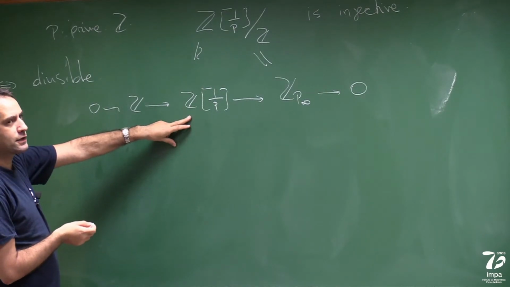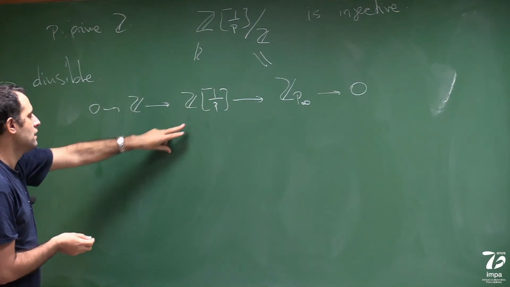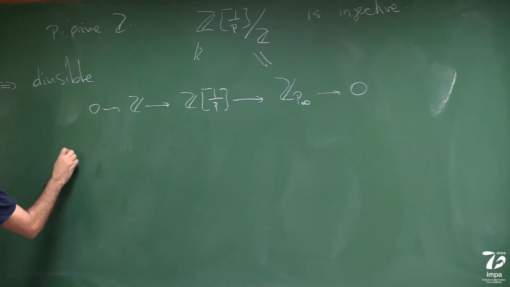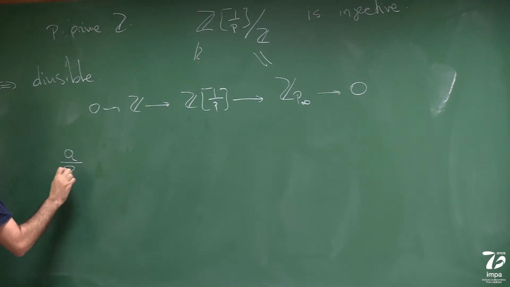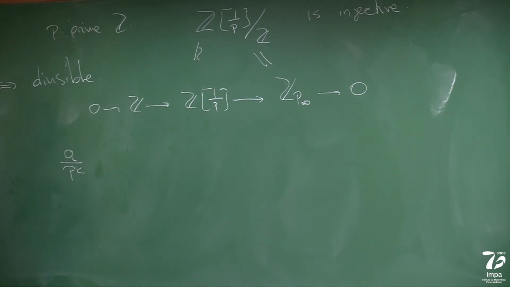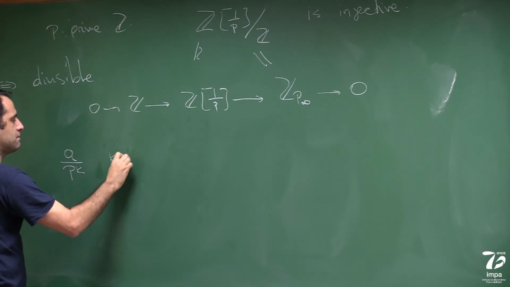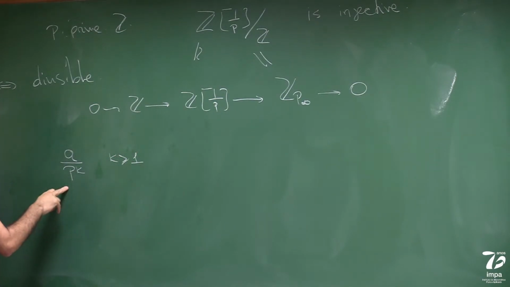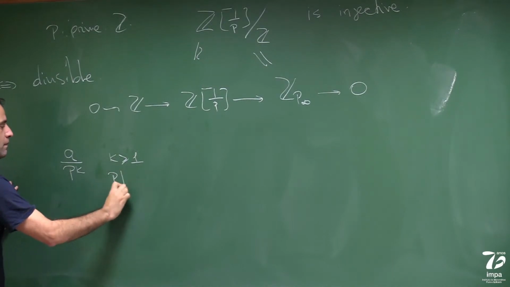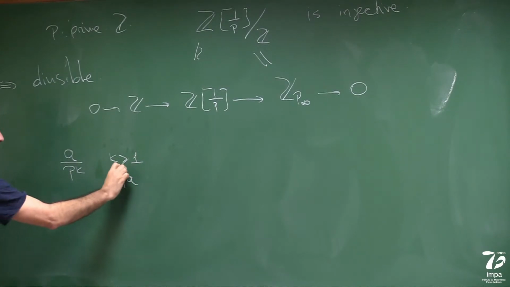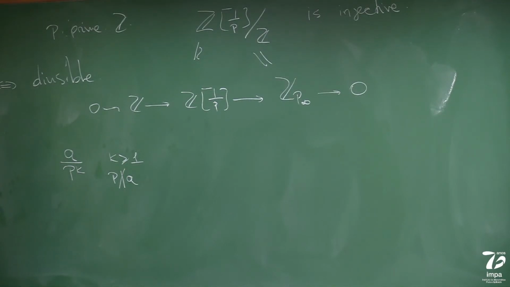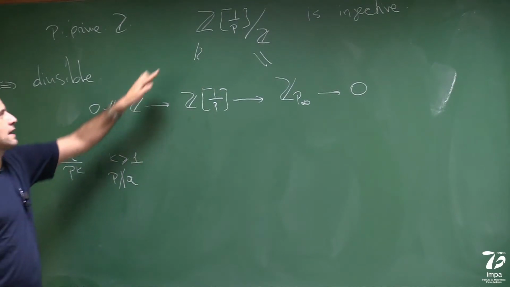Now you can just clear denominators in such a thing so that every element here can be written as something of the form A divided by P to the K, where K is bigger or equal than 1, and A is co-prime with P. And now these guys are rational. So this set of rational numbers of this form is the same as this guy here.